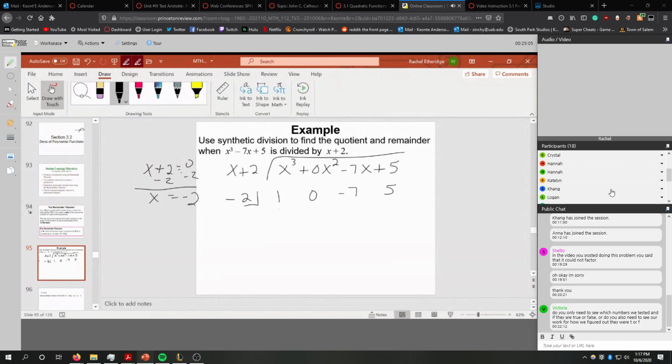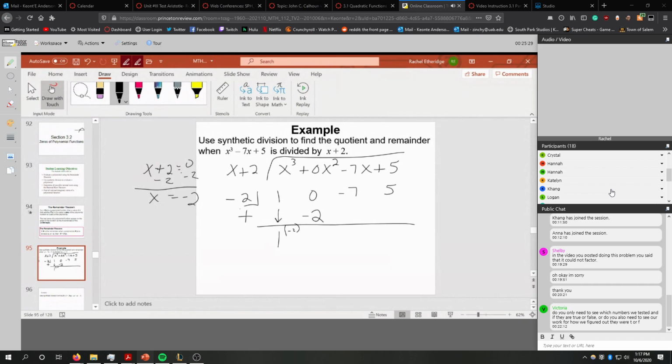So I'm going to bring down the 1. You have to start somewhere. So start by bringing down the 1. And then this multiplier, I'm going to get my next value by multiplying by -2. So I'm multiplying by -2 and bringing it over here.